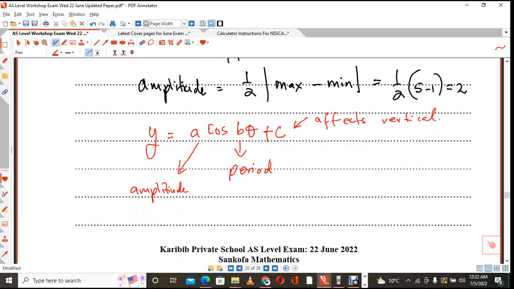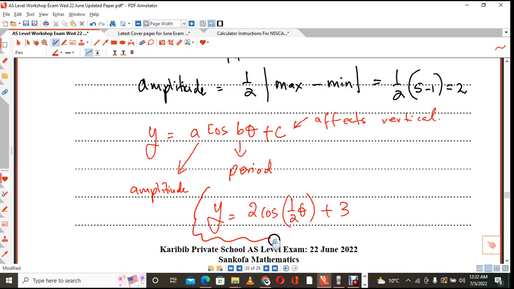So in this particular case, I can actually write my function as, what is the amplitude? The amplitude is 2, so it's 2 cos, what is the period? It's a half theta, you can put it in brackets if you want to. And what is the effect of vertical? It's plus 3.